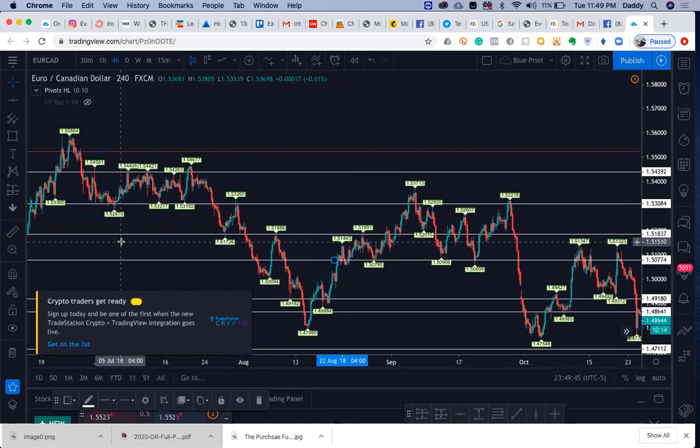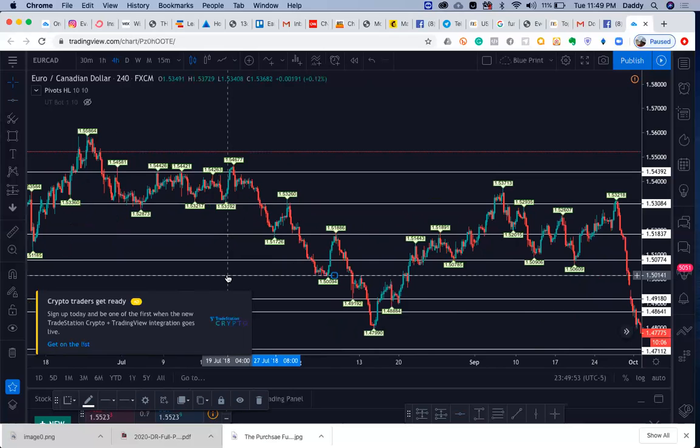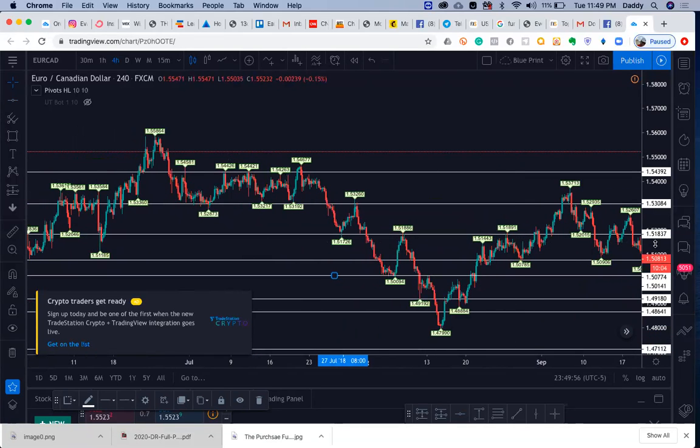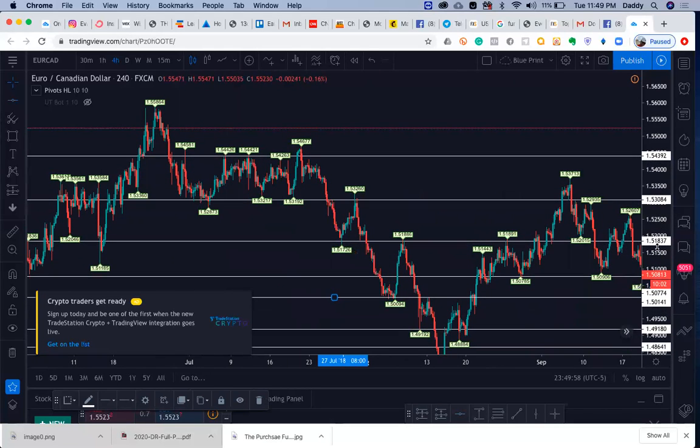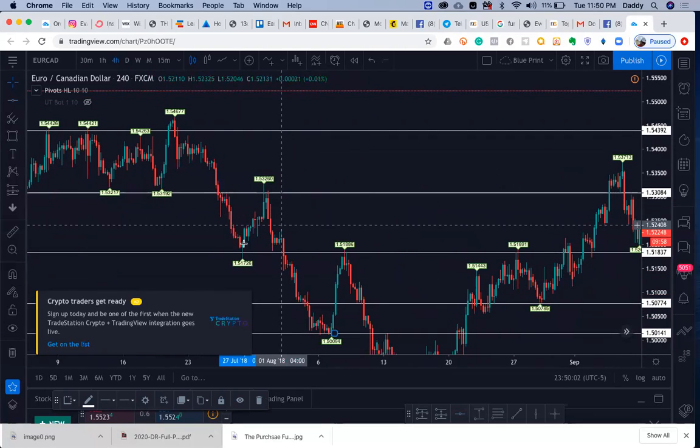Okay. So now what I want you to practice and what I want you to work on is drawing your support and resistance lines. See how I drew my support and resistance lines? See how clean that looks? Now you can see, look, boom, boom, boom, boom.